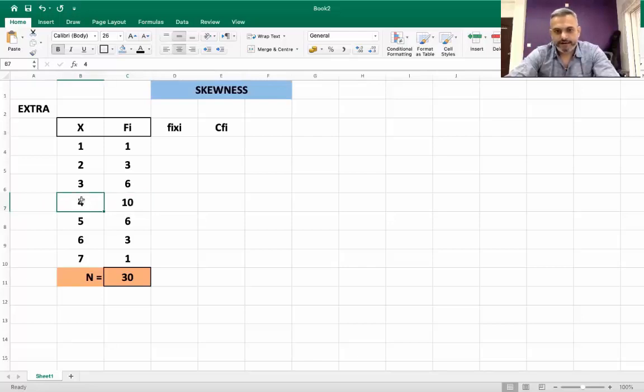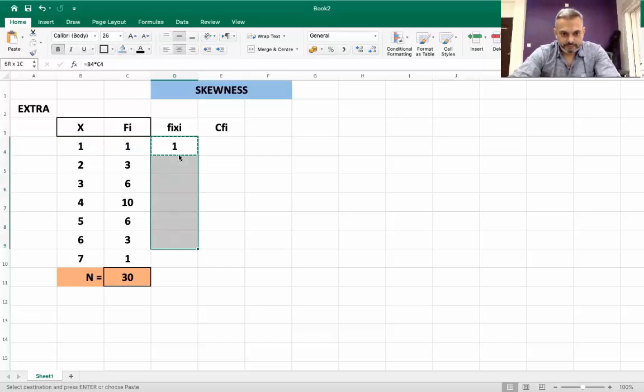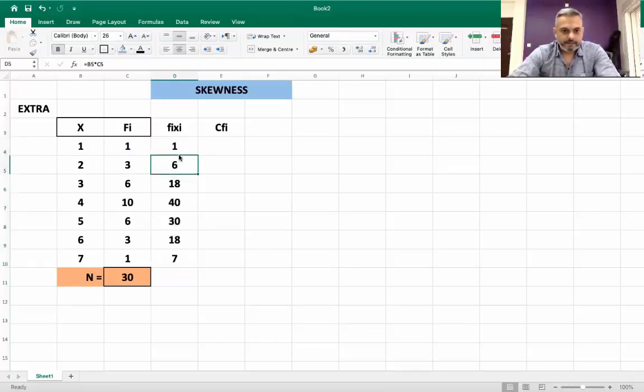So mode is already 10, we know. So let's find out Fi Xi. So Fi into Xi. So 3 2s are 6 and 6 3s are 18 and so on and so forth. And the total comes to 120.